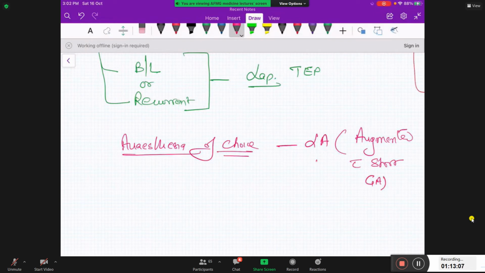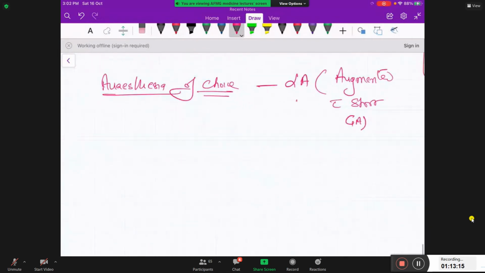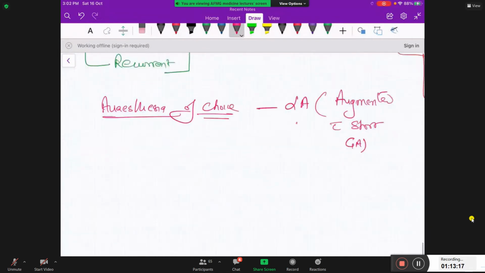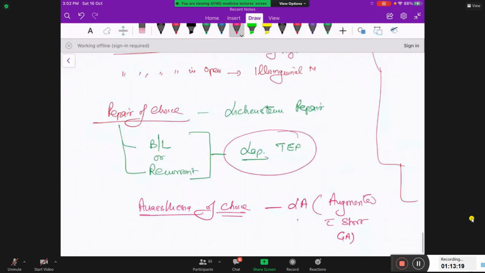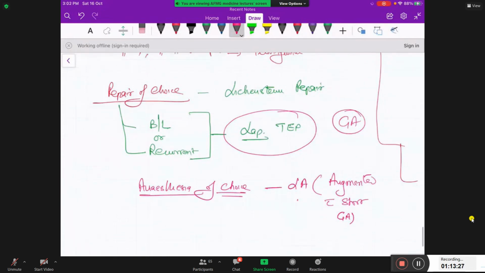It should be done under local anesthesia. Laparoscopic repairs are always done under general anesthesia, so please be careful about it.